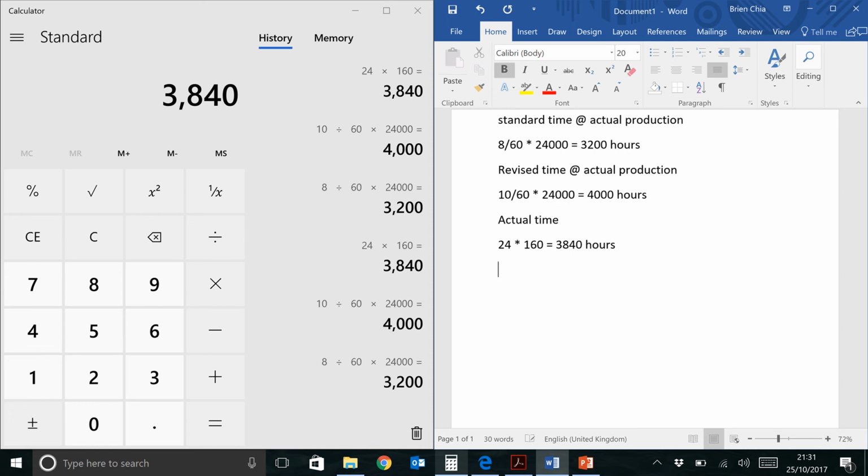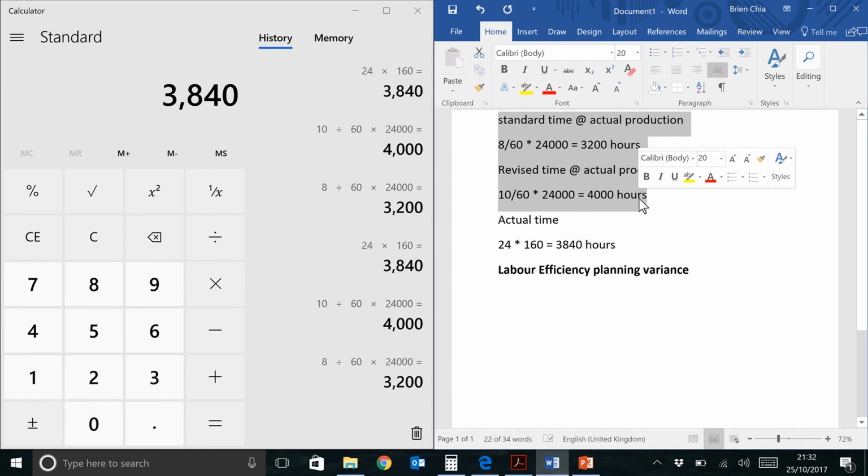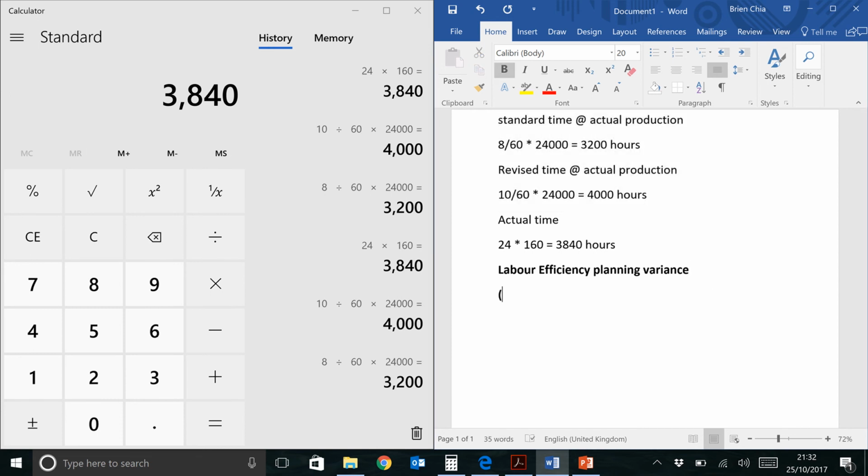The first variance we're going to do is the labor efficiency planning variance, which is very simple. It is the difference between the standard time and the revised time. So we're going to take 3,200 minus 4,000 hours, and we're going to multiply that by the standard rate.